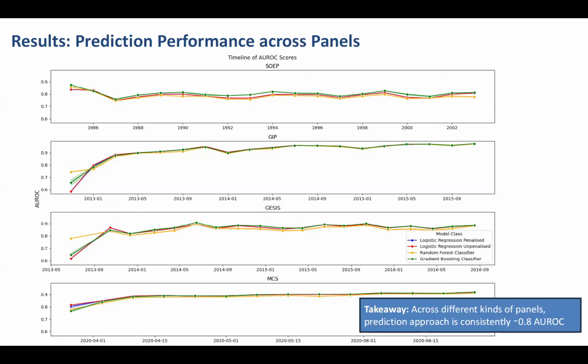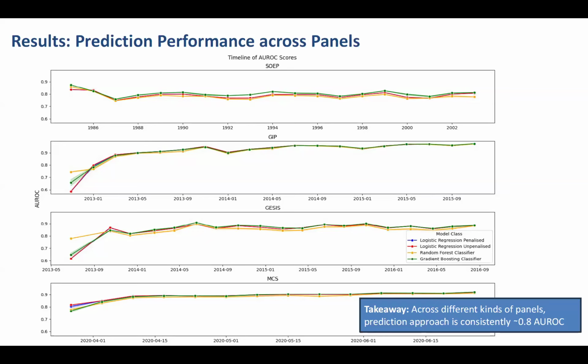Those of you who know some things about machine learning might know that the more data that you have, usually the better your model might perform. So, maybe the model needs to accumulate more waves of panels to start making better predictions.